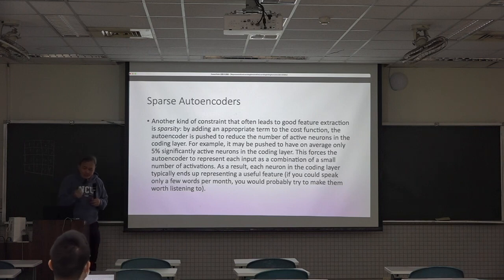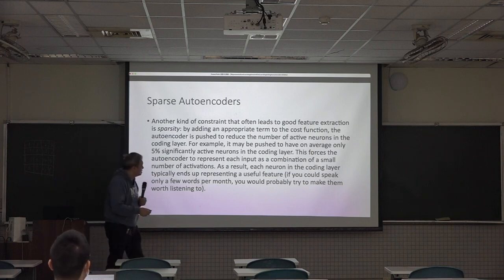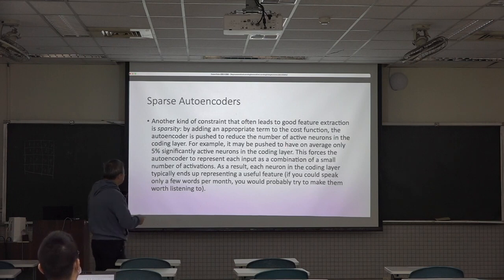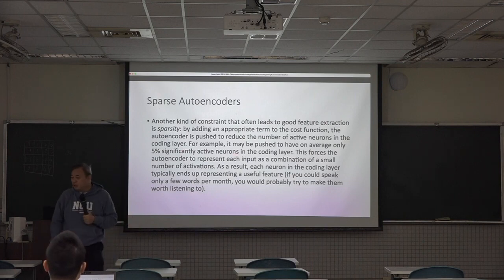I will tell you what we are doing here. Let's finish this one, and if you have more questions, you can ask. So for example, we may push the coding layer to have on average only 5% active neurons. Only 5%. That's much lower, right?